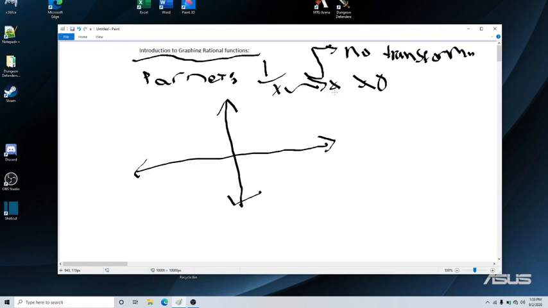All right, so we said in the very beginning, the parent function of a rational function, or the simplest form we could ever get a rational function, is 1 over x. And we know it's a fraction. We're dividing by any number, and x could be anything. But the problem is, we have to exclude a value because we can't divide by 0.